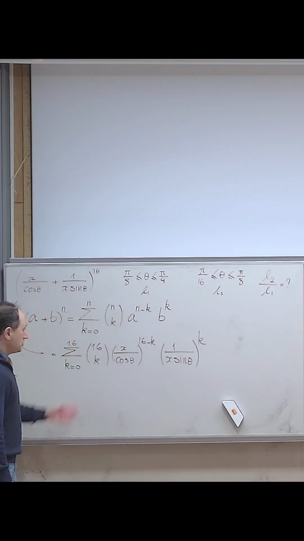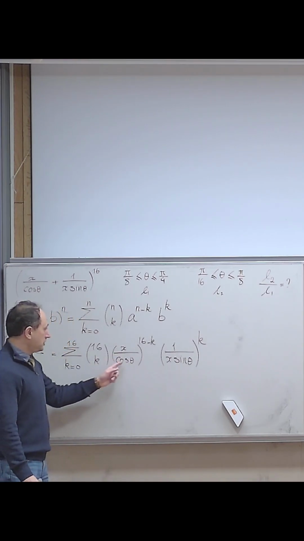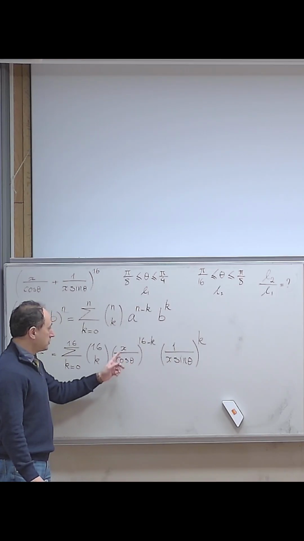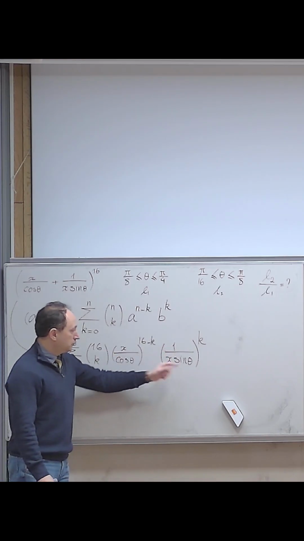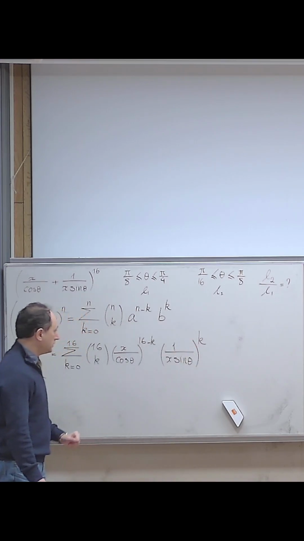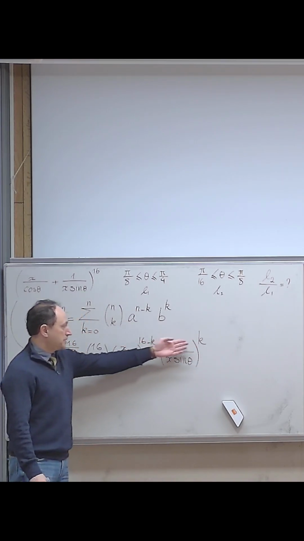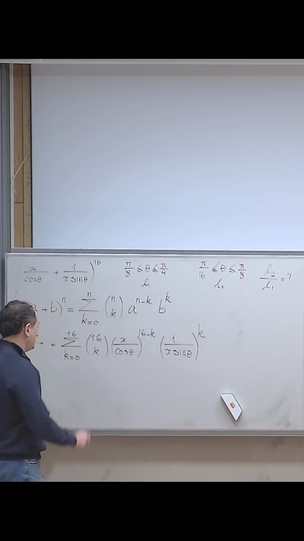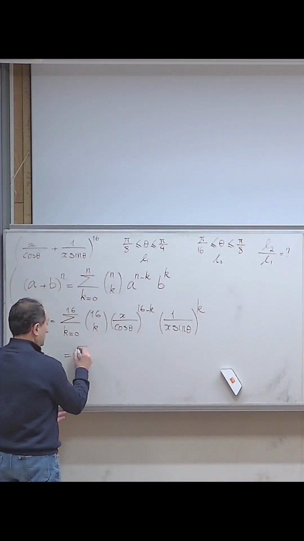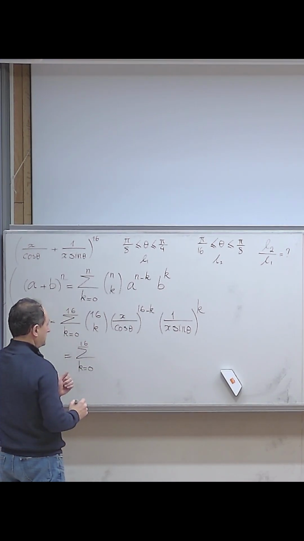Okay? So let me simplify this a little bit, because here 1 over cosine theta plays the role of the coefficient, and 1 over sine theta plays the role of the coefficient. I have to raise them to these powers and put them here. That will be the overall constant term for me. So this goes from 0 to 16.